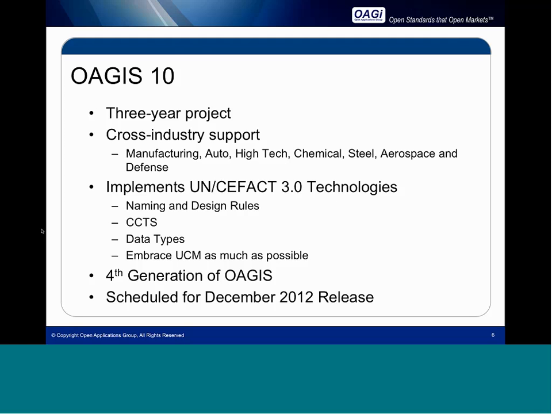OAGis 10 is the 4th generation of OAGis, and remember, OAGi has been around 17 years, which predates XML. So the first generation wasn't even XML, and then we moved into XML with support for DTDs, then on to schemas, and now we will continue to support XML with OAGis 10, but with a greater emphasis on leveraging cross-industry core components, and then potentially supporting other syntaxes other than XML.